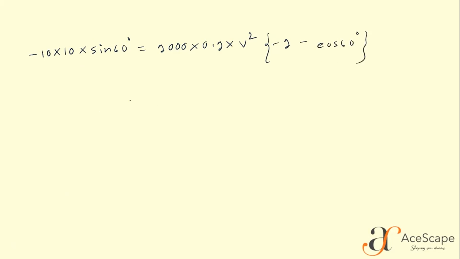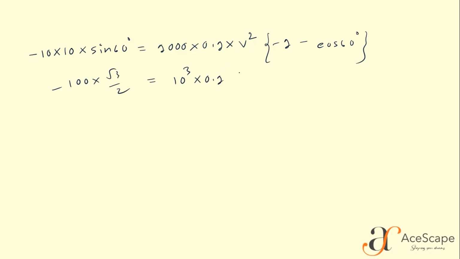Now put in what was given: mg sin theta was written, so it will be minus 10, g is 10, and sine 60 degrees. Now rho a v square into minus 1 minus cos 60 degrees. So from here we can write 100 into root 3 by 2, negative here. This is 0.1, velocity.